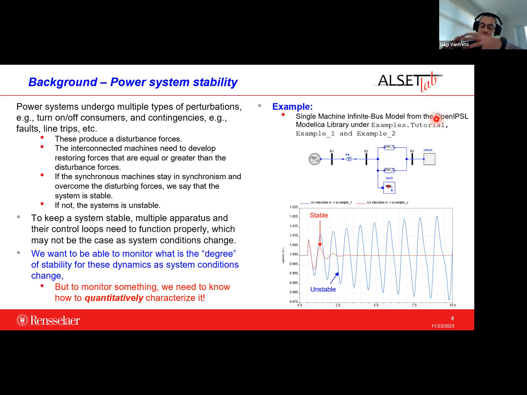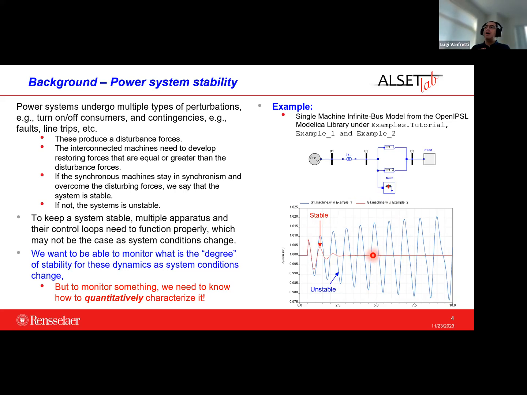It's equation based, so you can go and run simulations, linearize, and so on. Here you have the power grid and a power plant connected to it, and you have two cases. Example one, you see how it goes unstable. And example two, you can see it goes stable.